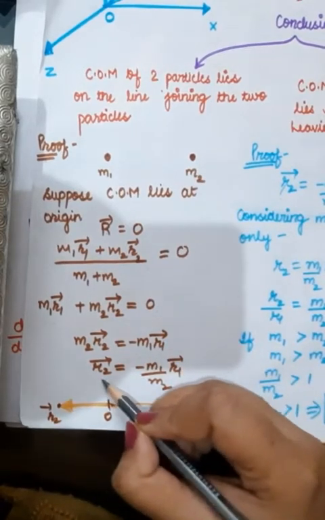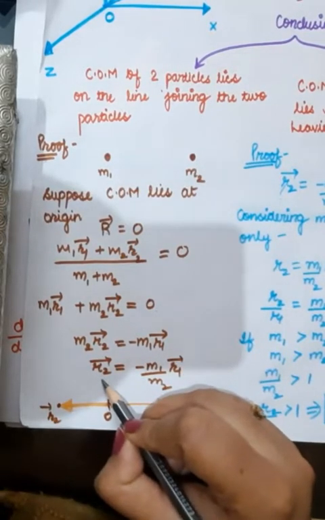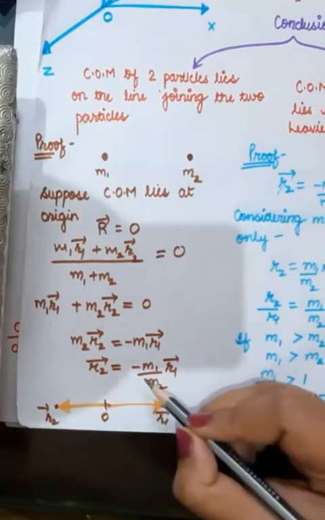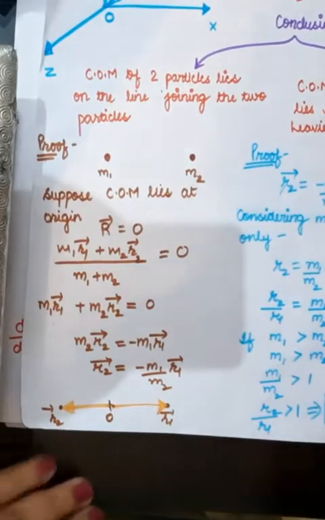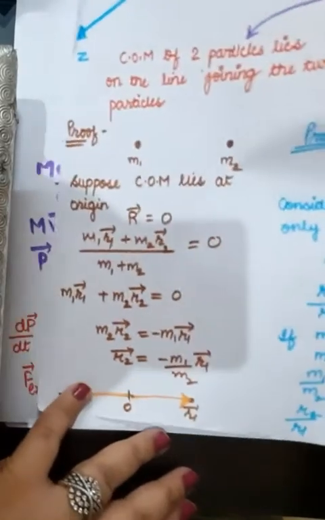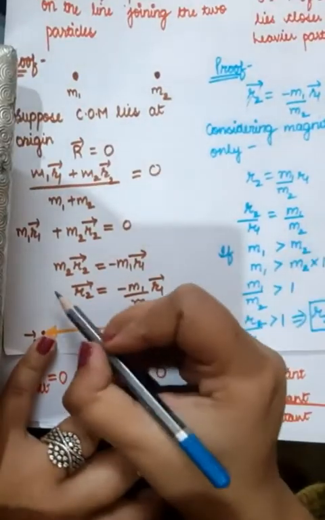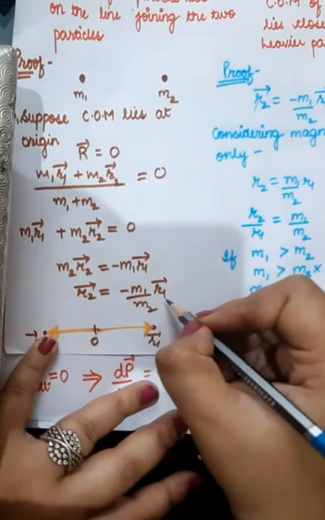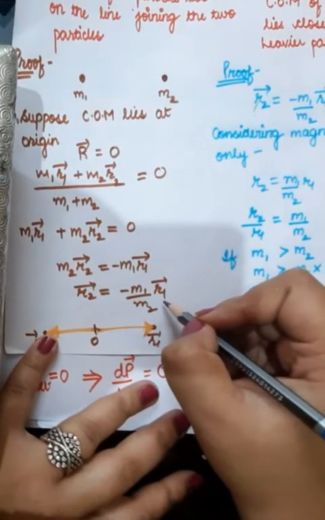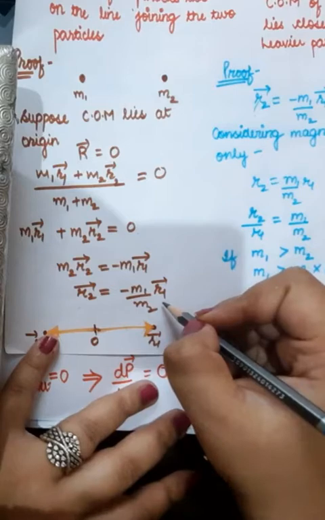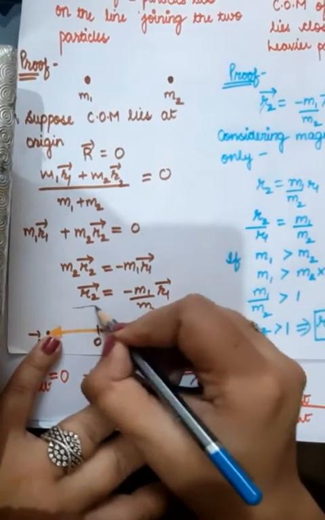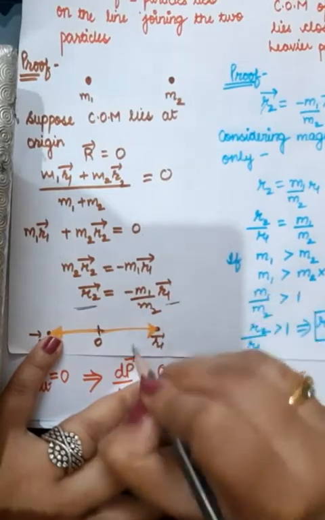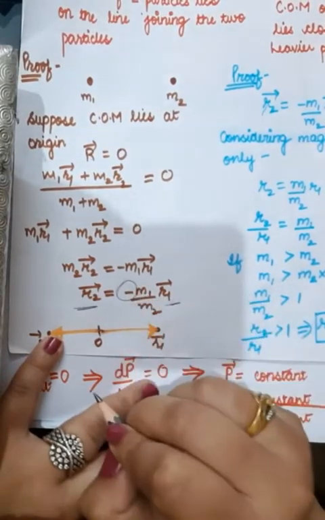Now you can find out the value of r2 vector, which will come out as minus m1 upon m2 times r1 vector. Now you can clearly see that r2 vector and r1 vector are vector quantities. In fact, they are position vectors and these two vectors are related to each other by a negative sign.